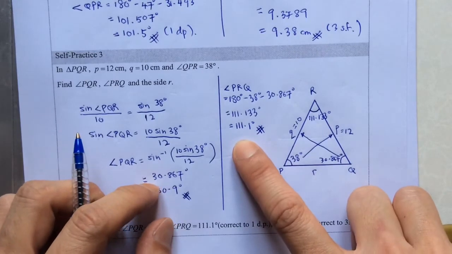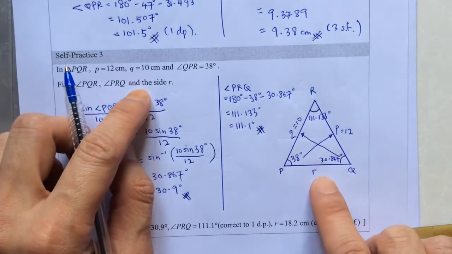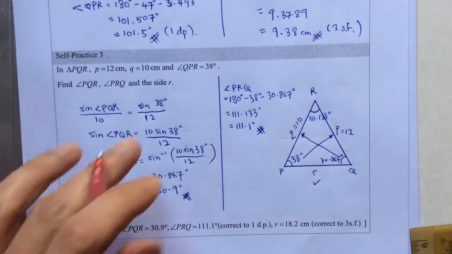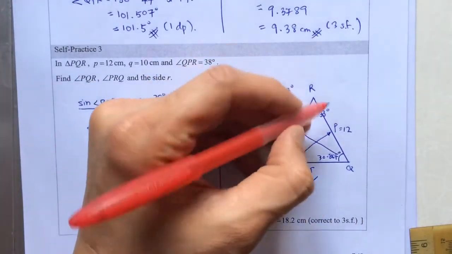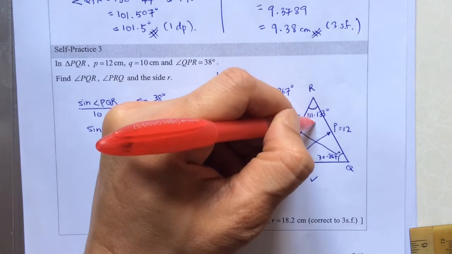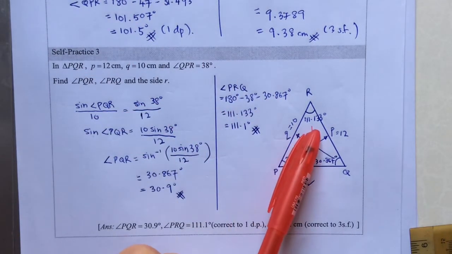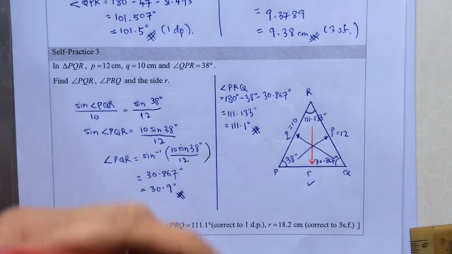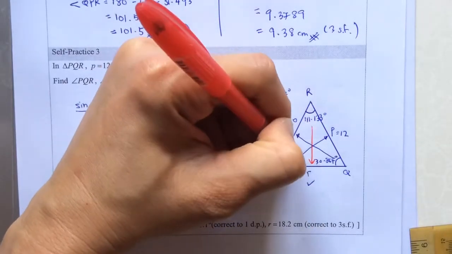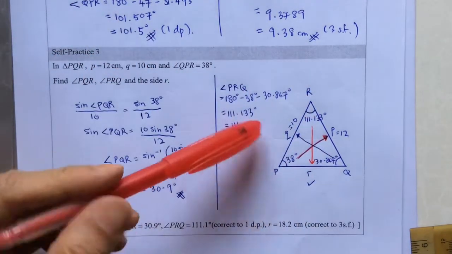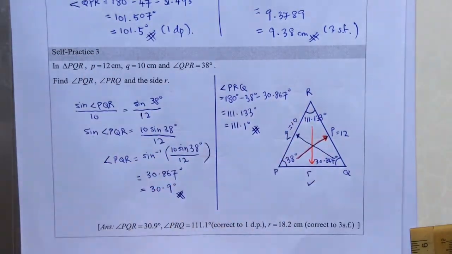Okay, so we can finally find the last unknown, which is the side r. So r is related to the 111.133 degrees, and we can use 12 and 38 degrees as the other pair. So we have a cross in red, and we can use the sine rule.